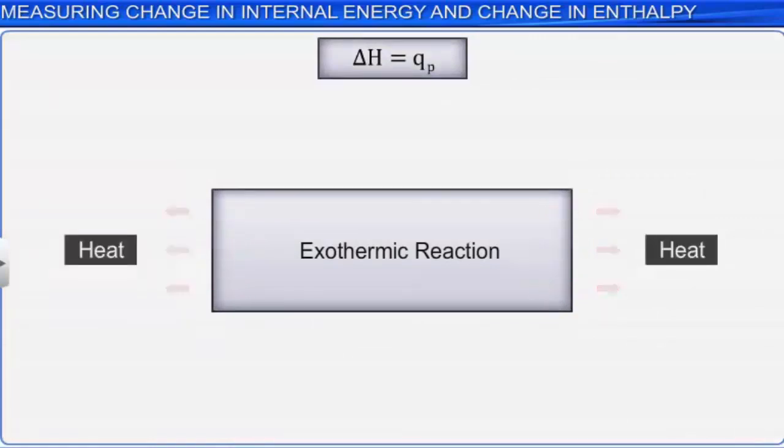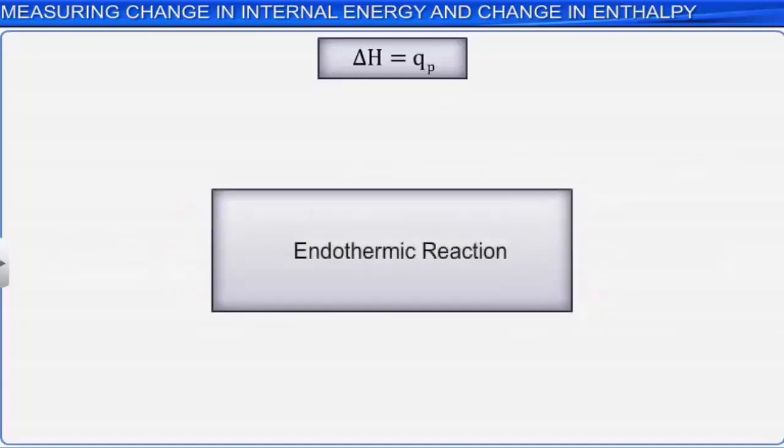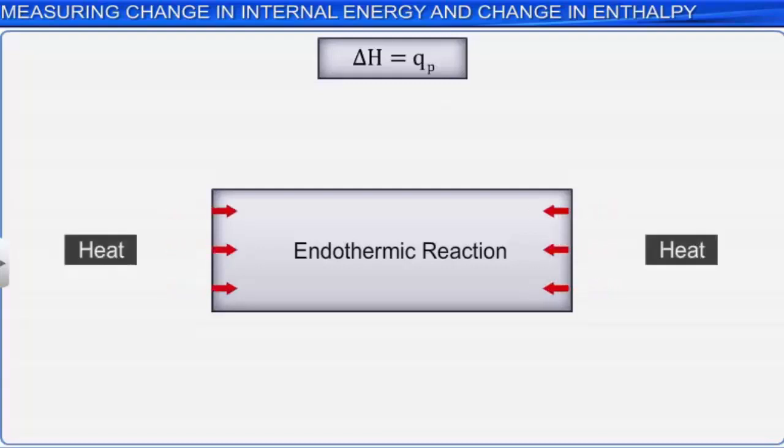Therefore, Qp as well as enthalpy change delta H is negative. Similarly, for an endothermic reaction, heat is absorbed by the system from the surroundings and therefore Qp as well as the enthalpy change delta H will be positive.